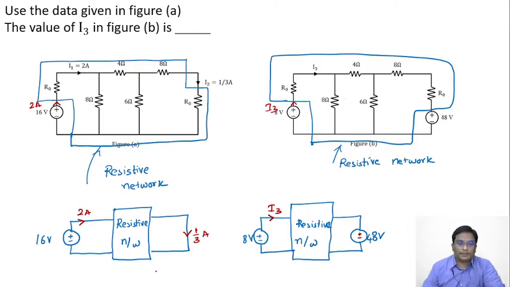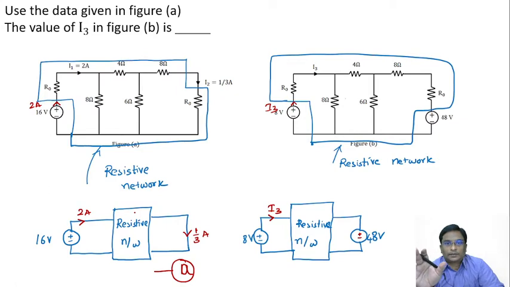Okay, let us give some number to this one. Let this be figure A. We have to find this one. Since the network is a resistive network, it will obey the homogeneity principle. It's a linear network, and all linear networks obey the homogeneity principle: if the excitation is multiplied by constant k, the response in all the branches of the network also gets multiplied by the same constant.